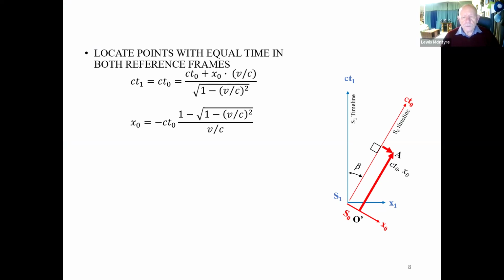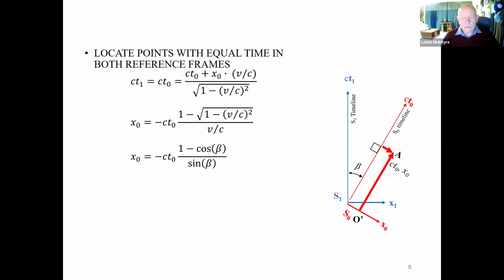We then take the Lorentz transform for CT1 and set the result equal to CT0, then solve for the corresponding X0. I did this algebraically just to demonstrate the power of the trigonometric solution because the result is an algebraic jumble that doesn't tell us much except that such points exist.